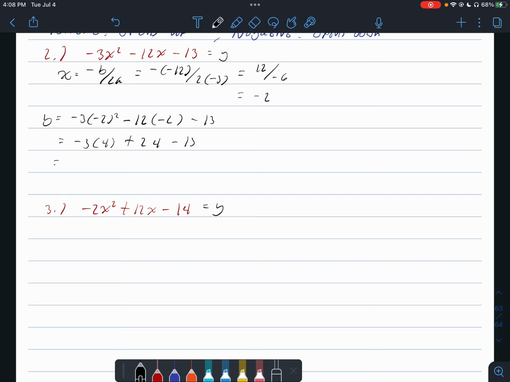And that's going to be negative 1. So our vertex is given by negative 2, negative 1.